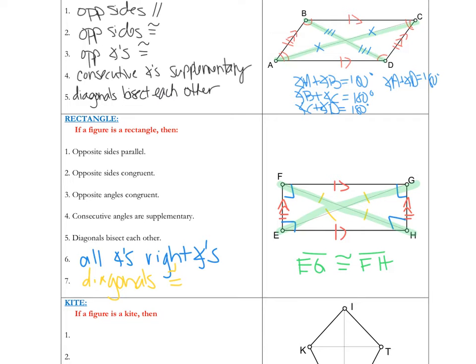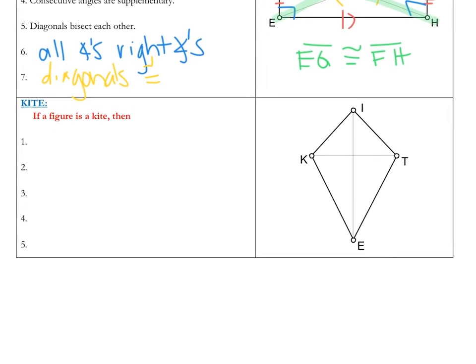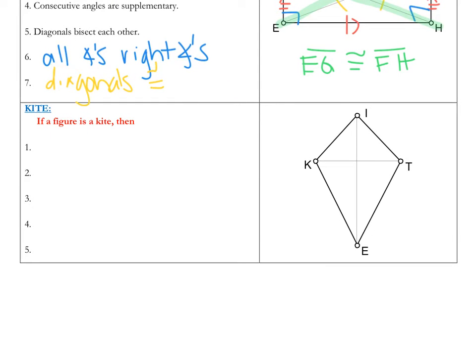Okay, so let's talk about a kite. A kite is not a parallelogram. It does not have opposite sides parallel. Okay, remember that's like the first thing that you know if something's a parallelogram or not.